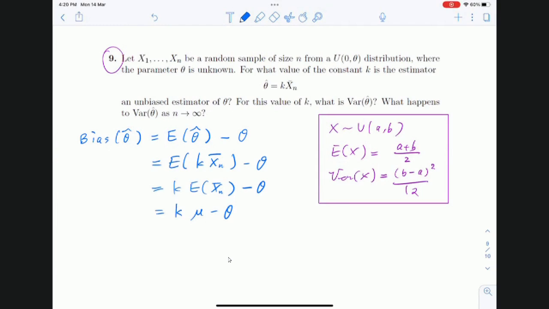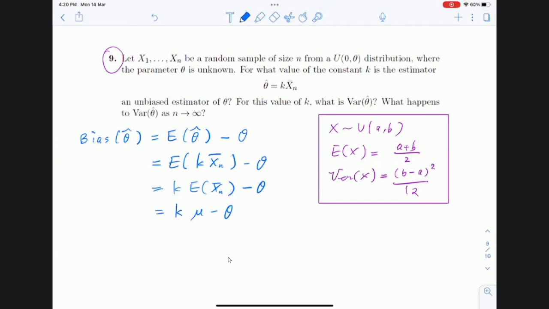In this example, the population is uniform, within 0 to the unknown parameter theta. So we need to make use of the property of the uniform distribution that probably you should have already learned before. In general, for a uniform distribution ranging from a to b, the population mean is at the midpoint of the interval.